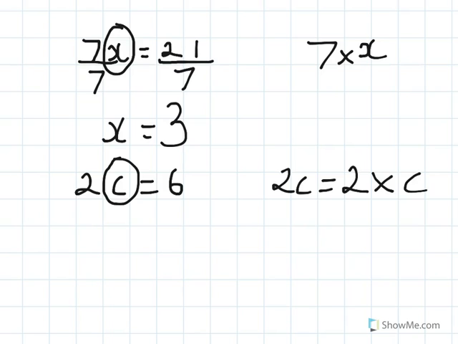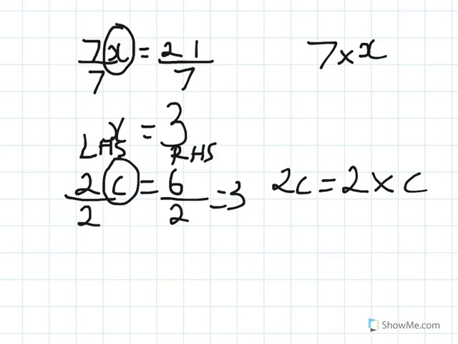So we divide the 2 by 2 to get the variable by itself. Whatever we do to the left-hand side, we must do to the right-hand side. So it'll be 6 over 2, which equals 3. Therefore your answer would be c equals 3.